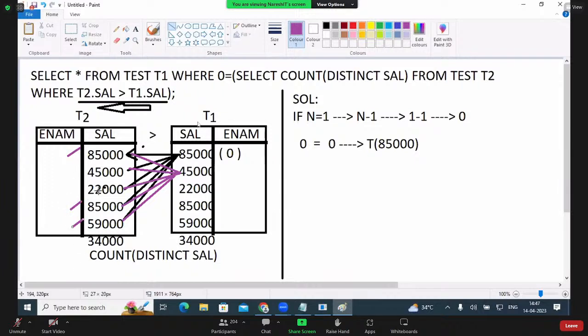So 3 values are bigger than 45. But in my count function, I am using DISTINCT. Distinct means duplicates are not counted. So I am not counting the duplicate. After eliminating duplicate values, the final count is 2. And that 2 I keep here.